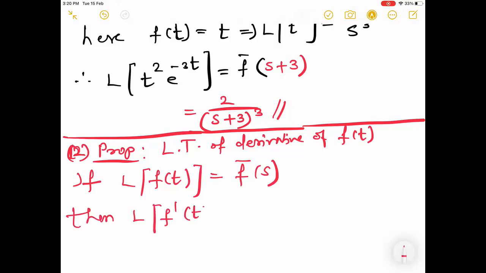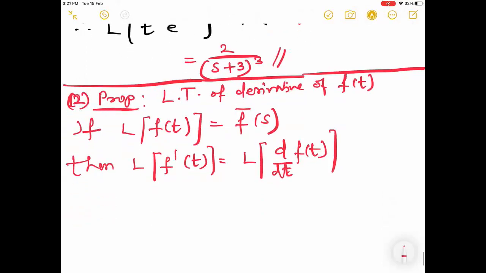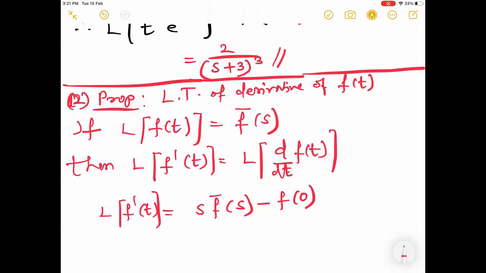The derivative is written as f dash t, means d by dt of f of t, can be written as s into f bar s minus f of 0. I'm not putting bar on this one. Minus f of 0. Please write correctly and carefully. Laplace transform of the first derivative of the function is s into f bar s minus f of 0.